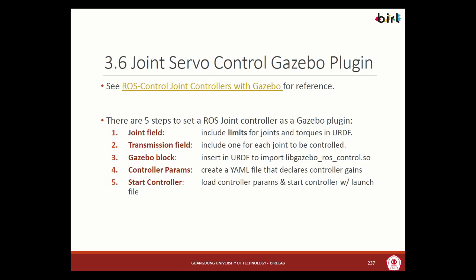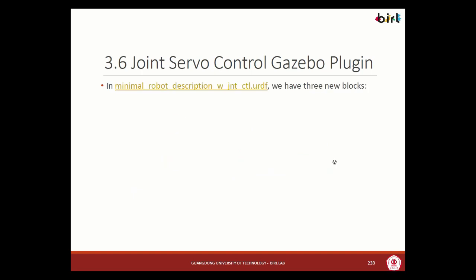And then we need a launch file where we set everything up. Number 1, we load the controller parameters from the file into the ROS parameter server. And then we use one of the packages from ROS control to start the controller. Let's look at the details.